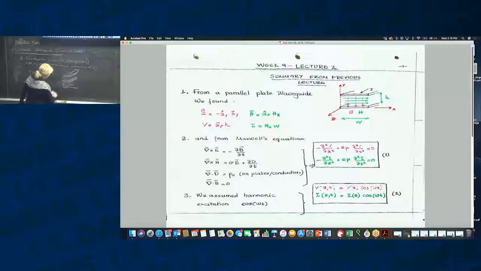Then, if each one of the dimensions, W and H, are much smaller than the wavelength, then they create a wave that has the two cross-sectional fields, electric and magnetic, and they are perpendicular. So, for example, the electric field is going to be coming, in this case from here, like this. The magnetic field is going to go like that.